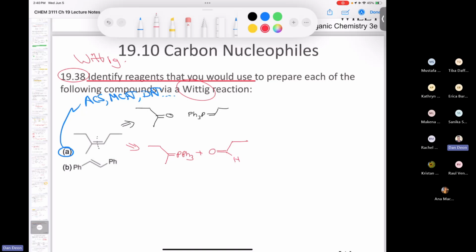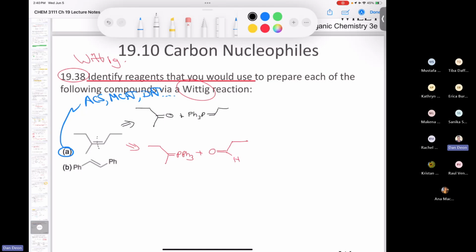Does anybody remember? Would it be the one in black or the one in red? There's one that's a lot better than the other. It's exactly. Thanks, Erica. It's the one in black, isn't it? Right?